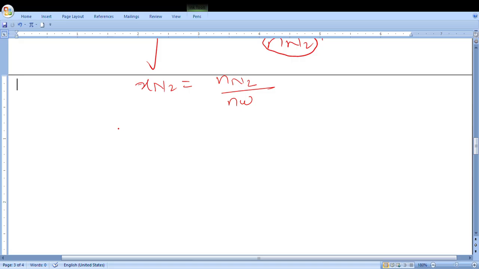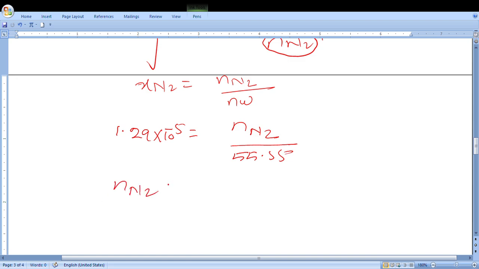Then 1.29 into 10 to the power minus 5 is equal to moles of N2 upon 55.55. So N of N2 will come 7.16 into 10 to the power minus 4. These are the moles.